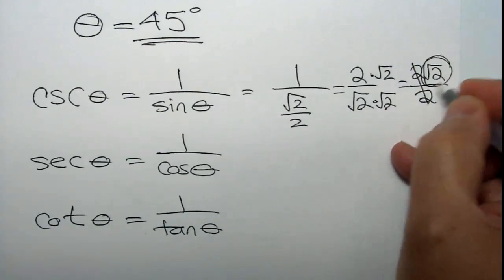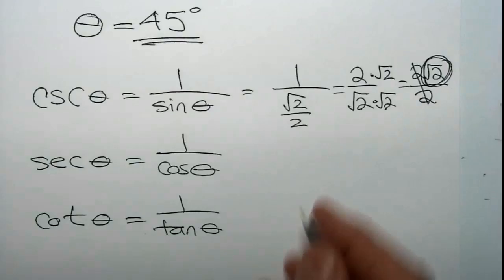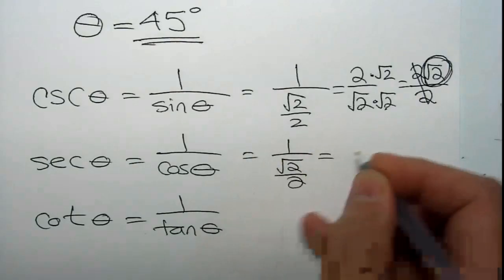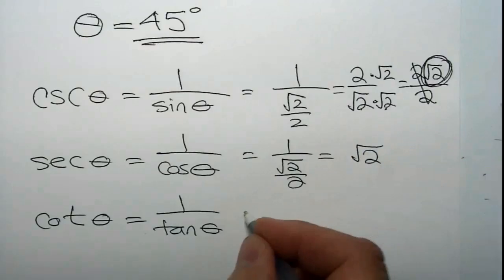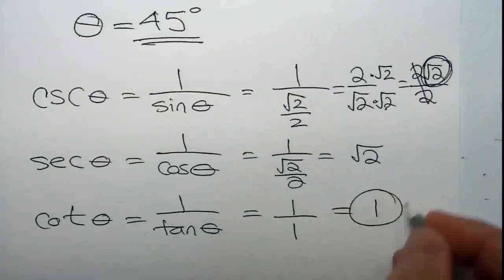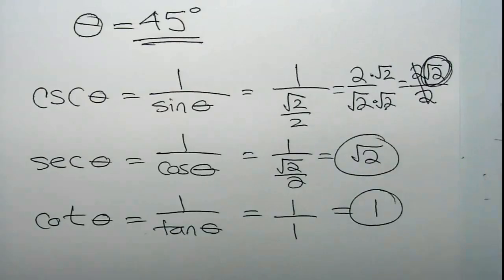So the answer is simply square root of 2. So you know the same is going to happen for cosine since the values are the same. But tangent, 1 over the tangent of 1 is 1, so that didn't change very much at all. So you're able to get secant, cosecant, and cotangent pretty readily by just doing the reciprocal 1 over.